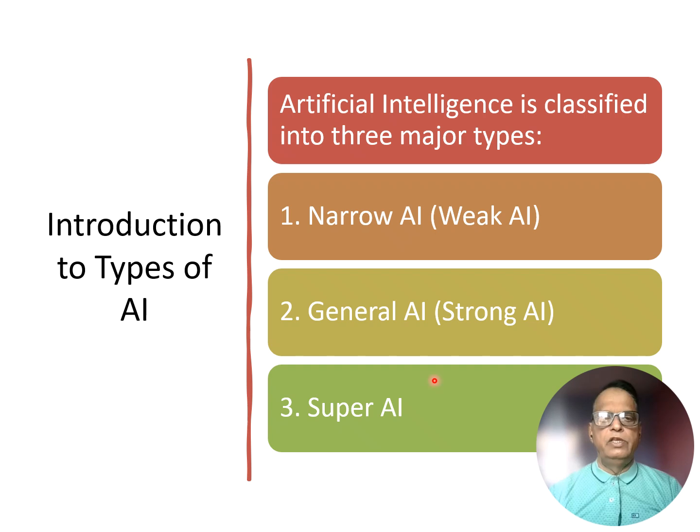Artificial intelligence, as we know, is a kind of thing where the machine can have intelligence just like human beings. It can be classified into three major types. One is called narrow AI, sometimes called weak AI. The second type is called general AI, or sometimes strong AI. And the third type is called super AI.